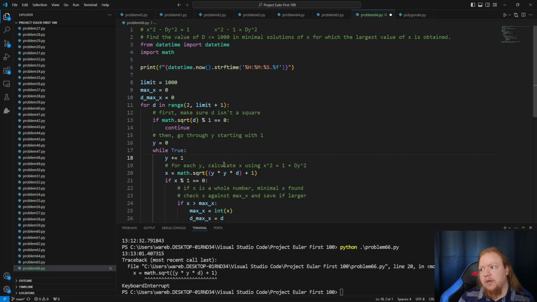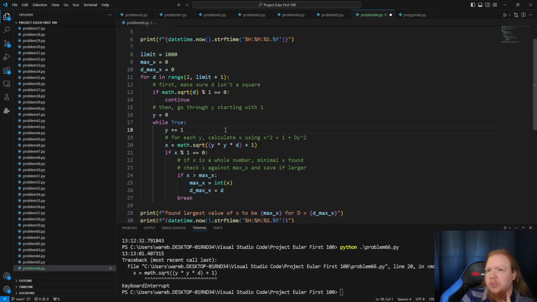That's not going to be an even square. I honestly thought this double looping thing was going to work a lot faster than it did.